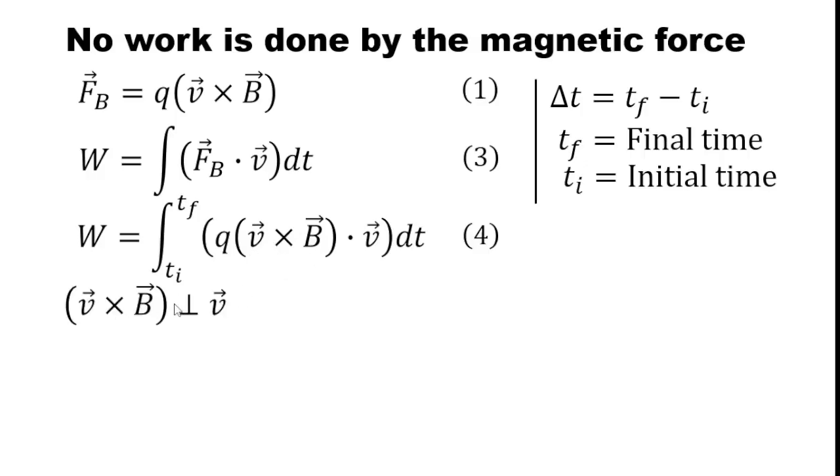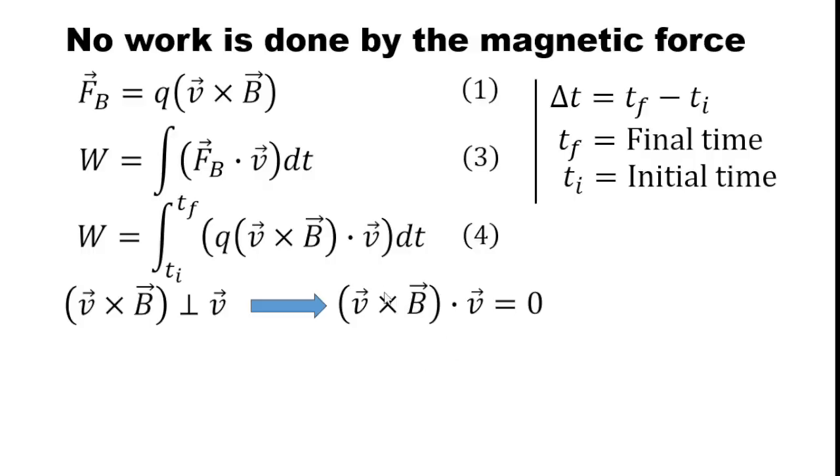Hence this v cross B is perpendicular to v, and this implies that the dot product of these two vectors, that is v cross B and v, must be equal to 0.